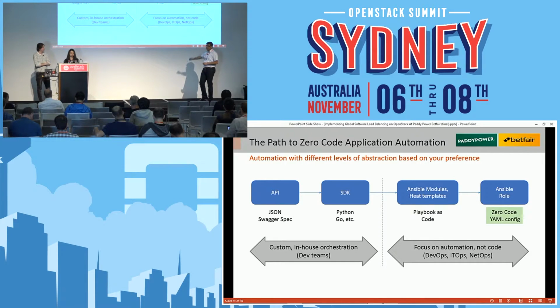And the extreme right is what I call zero-code automation, where if you're just starting fresh, you could just write the Avi configuration in the form of YAML and call an Ansible role, which takes care of incrementally applying all the configuration, providing a full audit trail, idempotency, all those nice things. But as an interface to the end user, it's just a flat list of YAML configuration that you can post out. So these are all the choices, and it depends on what your own orchestration journey looks like.